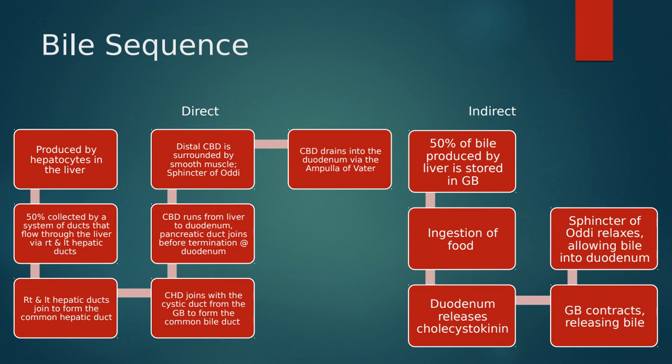We're always having bile being produced in the liver. It's always draining out of the liver through the hepatic ducts, into the common hepatic duct, into the bile duct, into the duodenum. The indirect pathway, like we said, is going to follow that similar course of entering into the common bile duct, entering into the duodenum.